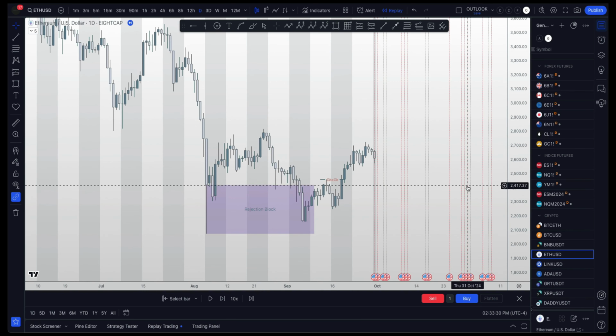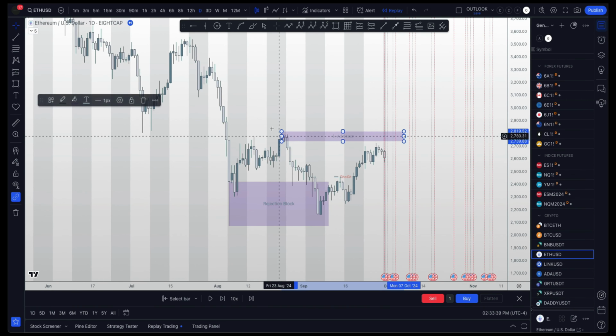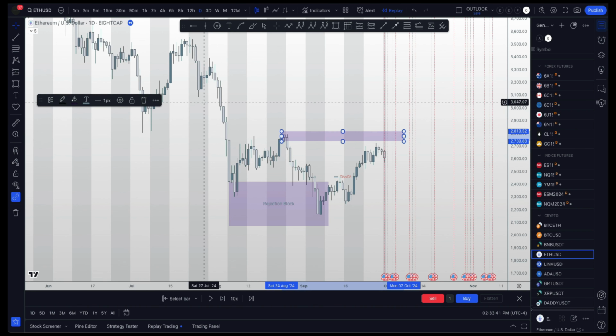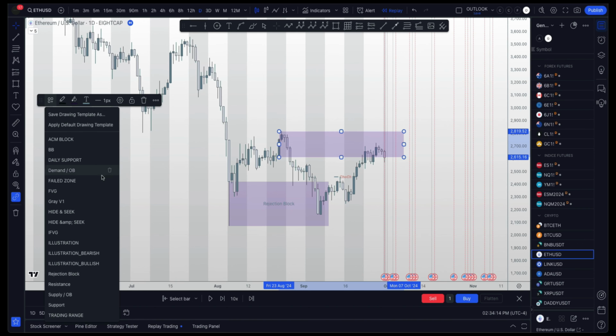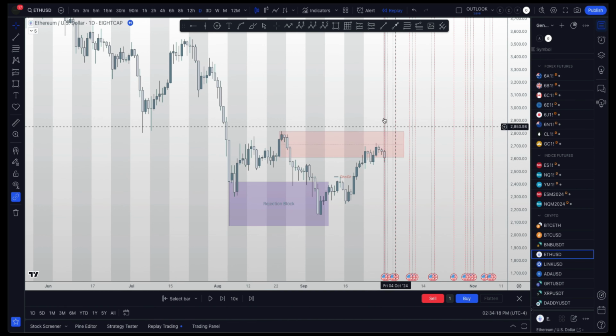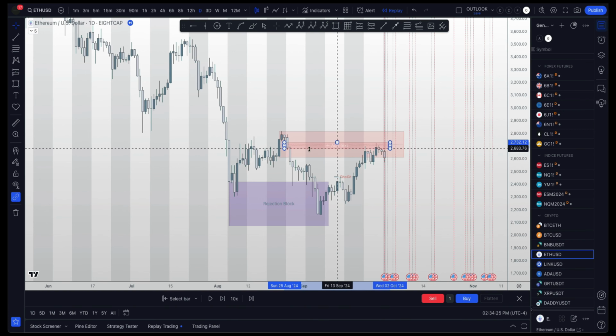And let's see here, looks like price might be reacting off of maybe an order block up here, possible order block. I would say, you know what, I'm going to make this whole thing the order block. Okay, and we will also mark up this fair value gap there, fair value gap there.